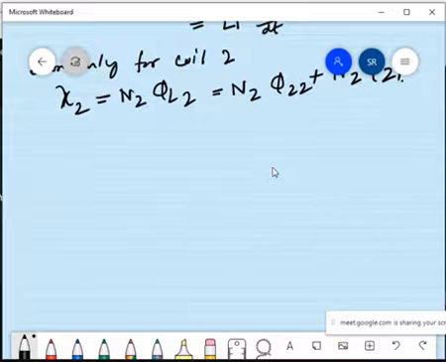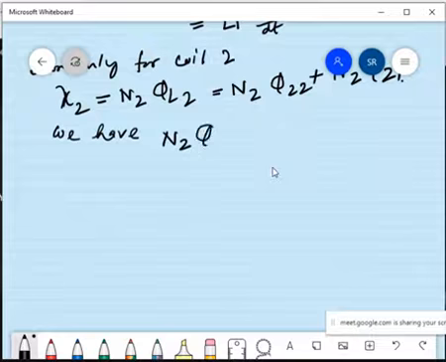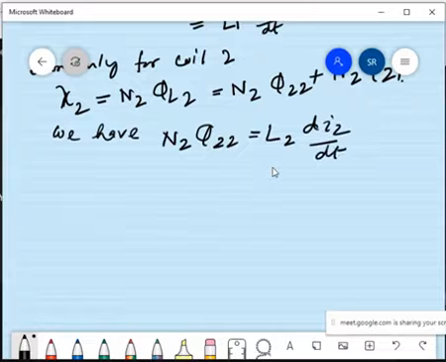So we have N2 phi 22 is equal to L2 I2, basically that.